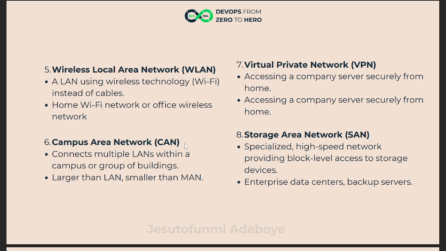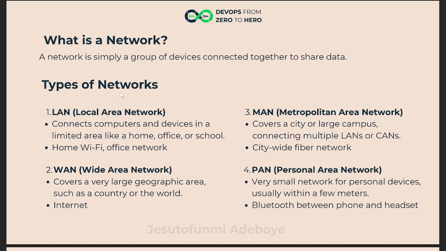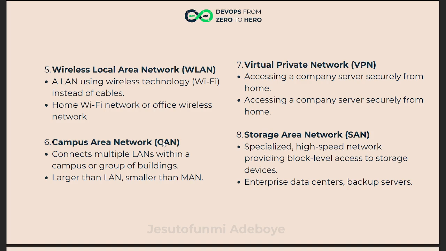This is a LAN that uses wireless technology instead of cable. The other explanation I gave about LAN uses Ethernet cables, within homes, offices, or schools. But in this sense, it uses a wireless network. Are you with me?